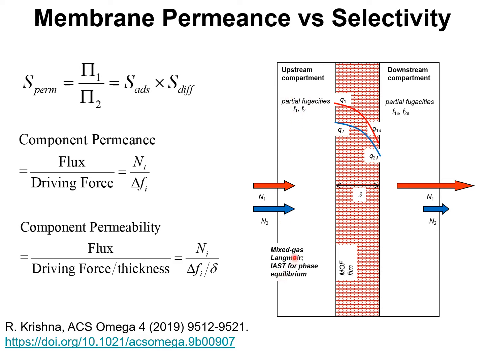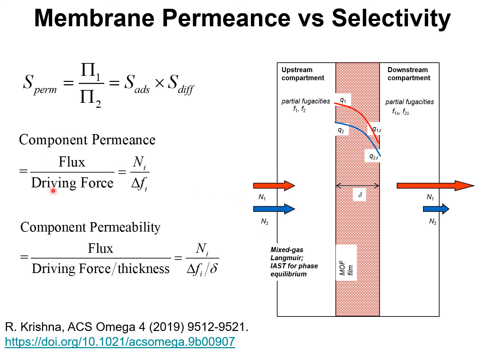Alternatively, in simple cases, we may apply the mixed gas Langmuir model. Most commonly, the partial fugacities may be identified with the component partial pressures, but I prefer to use a slightly more general term here, the partial fugacities.